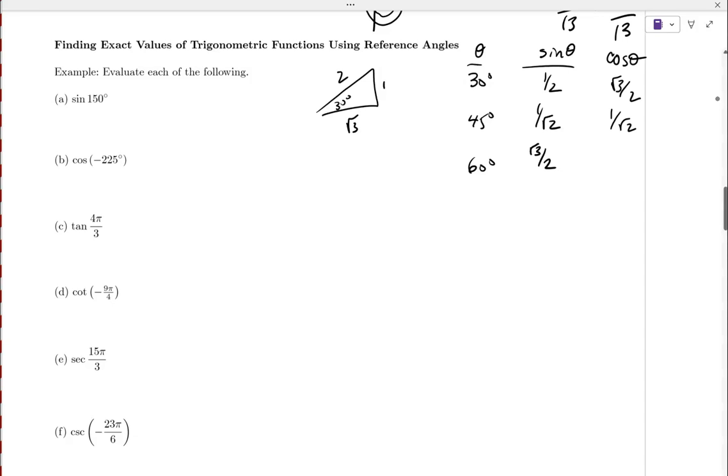Yeah, square root of 2 over 2 or 1 over root 2, either or, yep. And the last one's 1/2. Notice that they're in the reverse order, right? They're the exact same values, they just go in the reverse order.